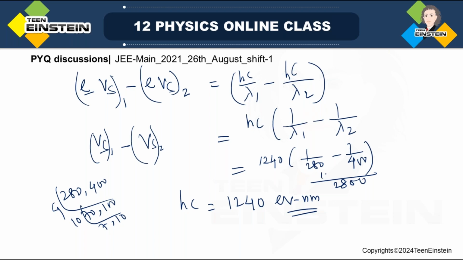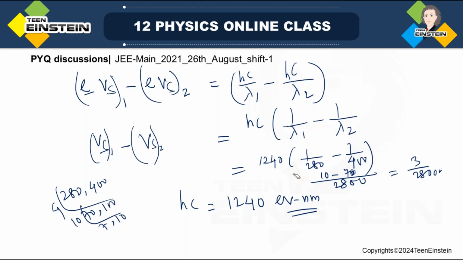So this is 10 and this is 70, I guess. Is that 70? No, just 7. Okay, so this will actually be 3 by 2800.